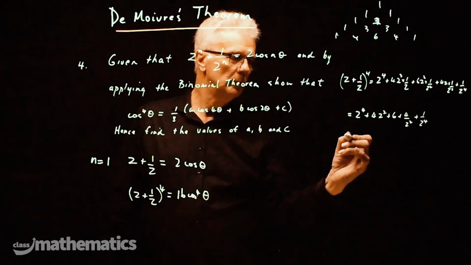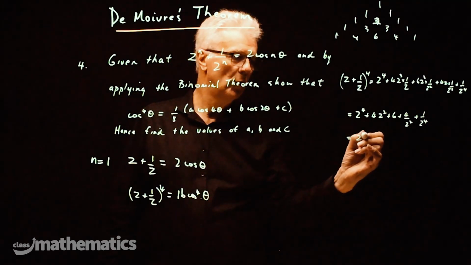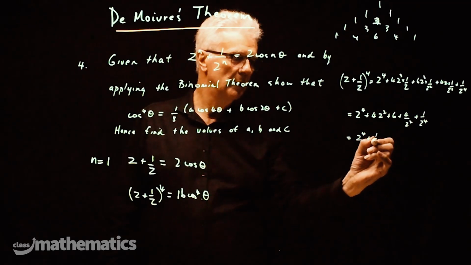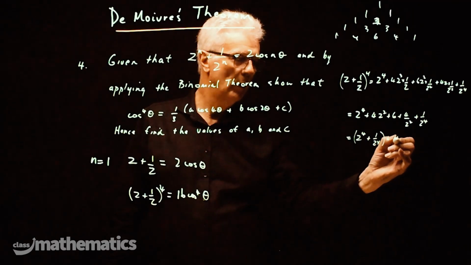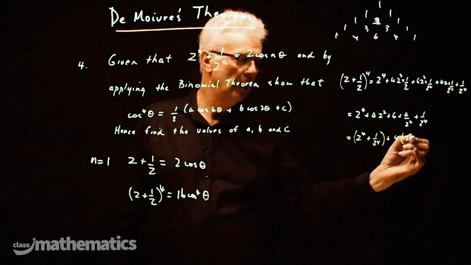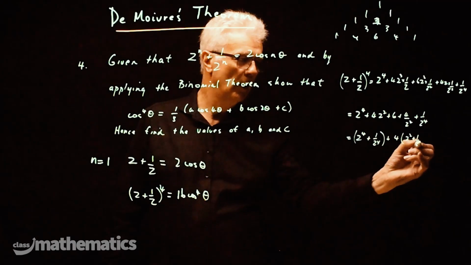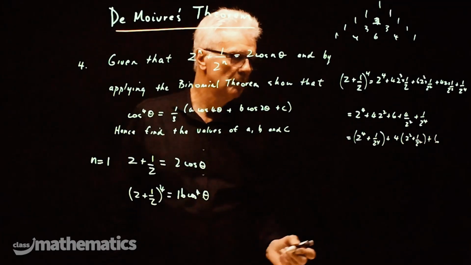Now we'll regroup. We get z to the 4th plus 1 over z to the 4th in brackets, plus 4 outside of z squared plus 1 over z squared, plus 6.